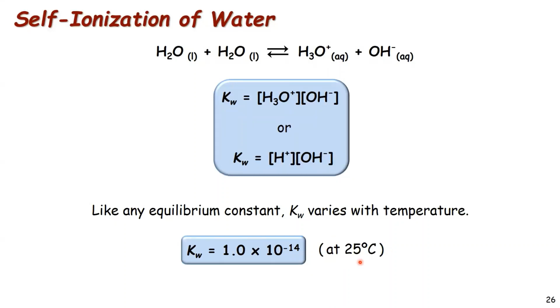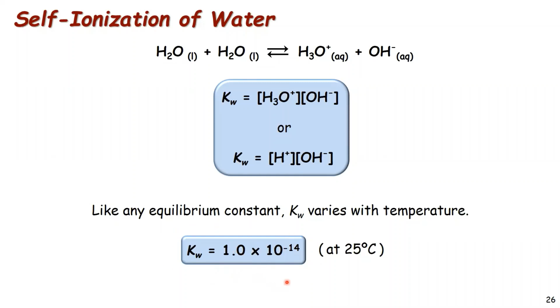Now, at 25 degrees Celsius, that value is 1.01 times 10 to the negative 14. To make it easy, we're just going to say it's 1.0 times 10 to the negative 14. To make it even easier yet, we're going to say KW is equal to 10 to the negative 14, since it's already 1, right? So that's the value you need to know.